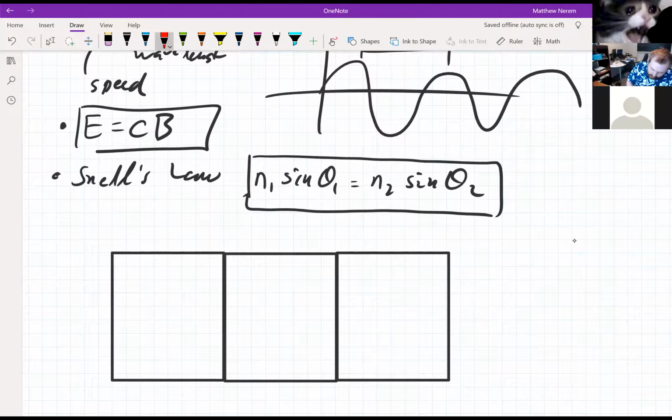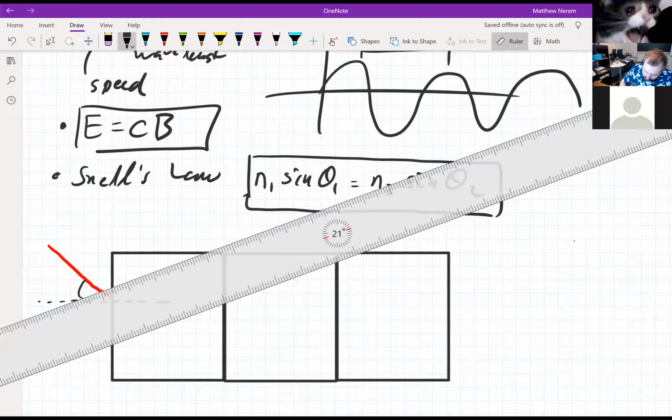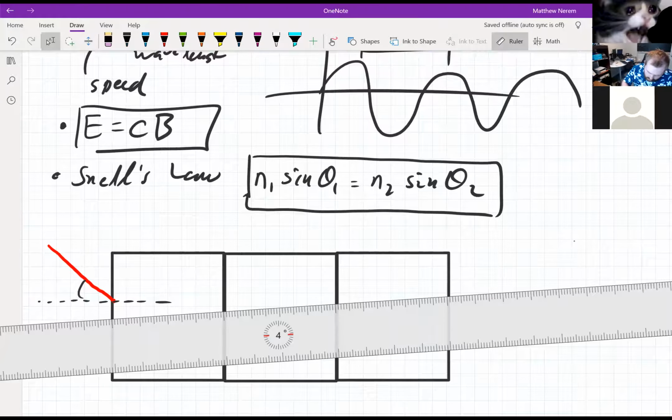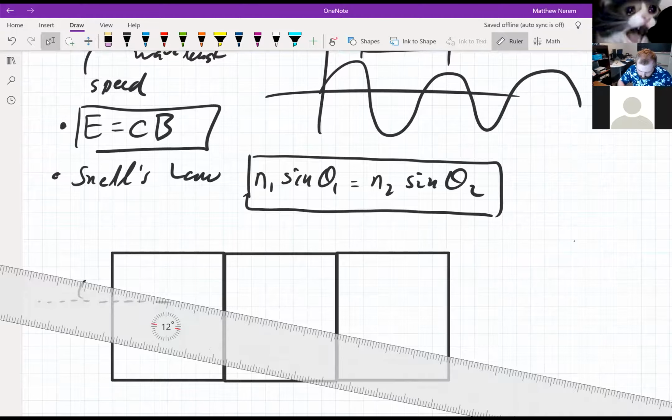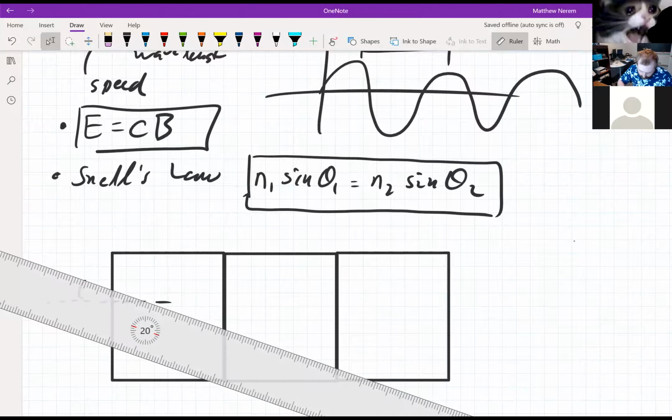I send in my ray like so. Let's get the ruler out. Let's make this a bit more accurate. Let's say I come in at 20 degrees.